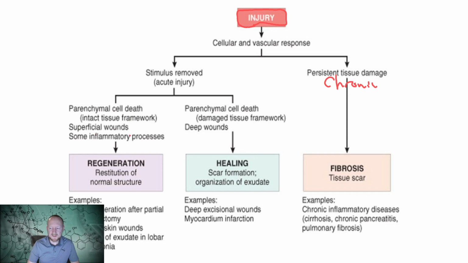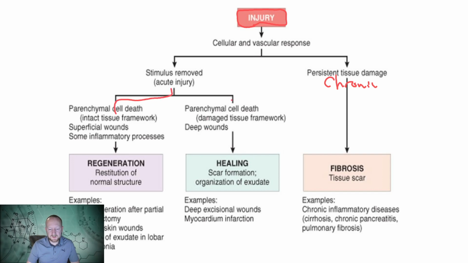There's going to be some inflammatory process, but nothing like that persistent response that we see over here. We're going to allow regeneration of that normal tissue. So liver, skin, lobar pneumonia in the lungs, we can heal that.